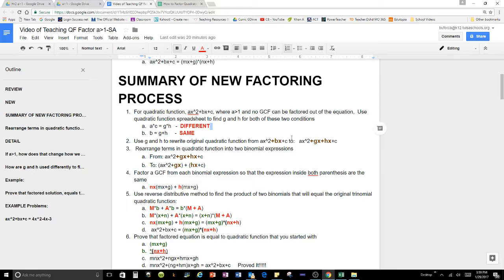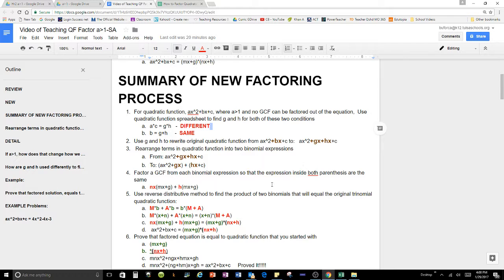So once we find G and H, we're going to take the G and put an X on it, and take the H and put an X on it, and we're going to replace the bx with gx plus hx. And then we're going to take the ax squared and put it on this end, and take the c and put it on that end. Okay?